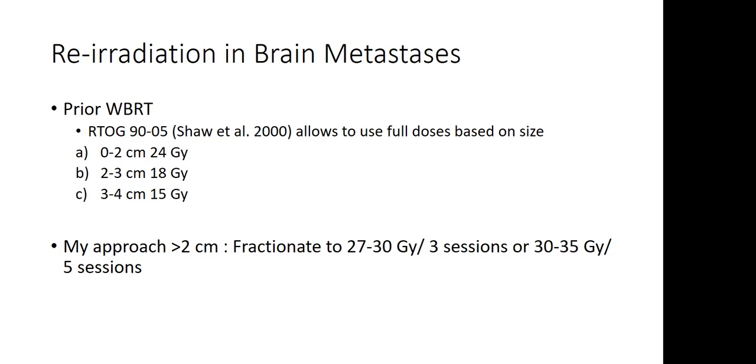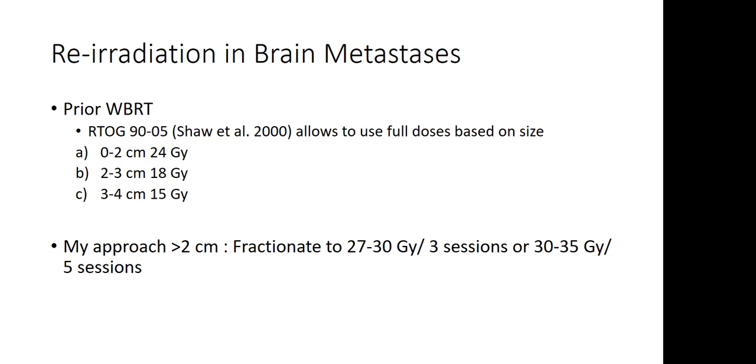In fact, sometimes it increases up to 50% just by adding a 2 millimeter margin. So that's why for VMAT or RapidArc, if the tumor size is more than 2 cm, it's better you fractionate in 30 gray and 5 fractions.